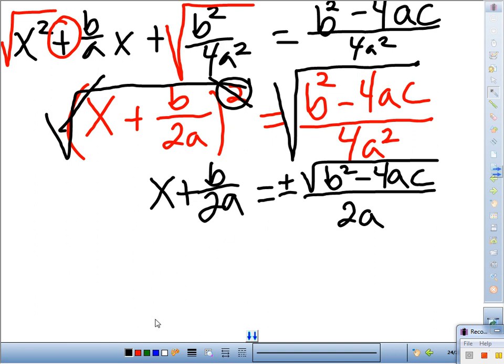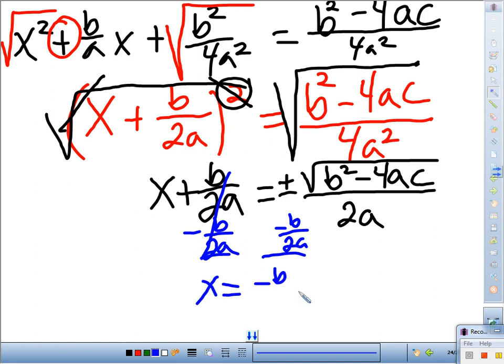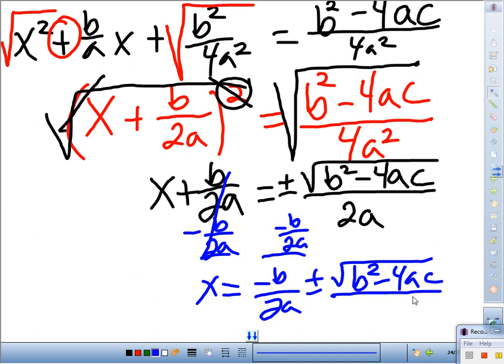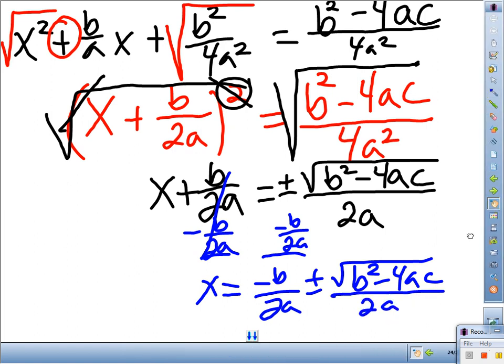Now, check this out. Watch. That was square root. Now I need to solve for x. To leave x by itself, what do I do here? Subtract b over 2a. So watch what I end up with. X equals, I have two fractions. Negative b over 2a. What is my second fraction? Plus minus square root of b squared minus 4ac over 2a. Can I combine those two fractions?